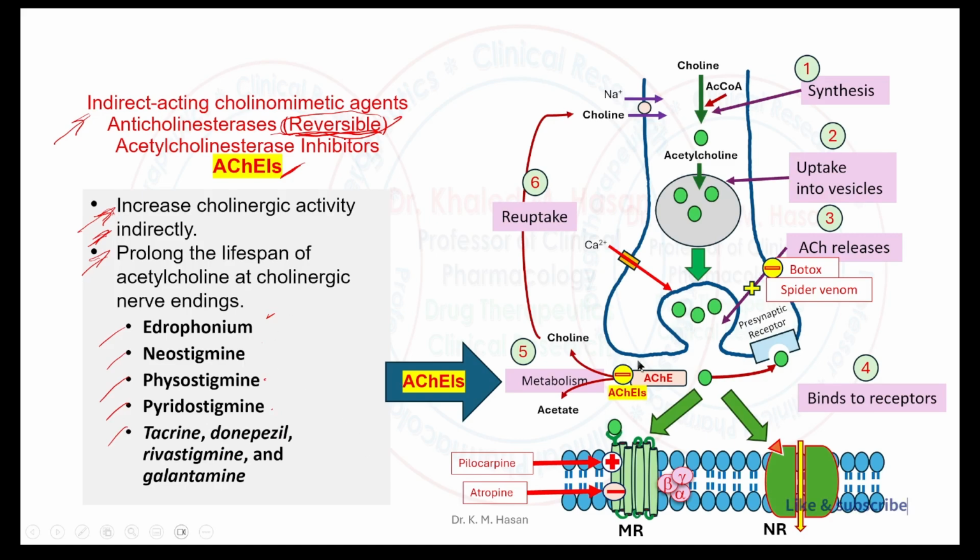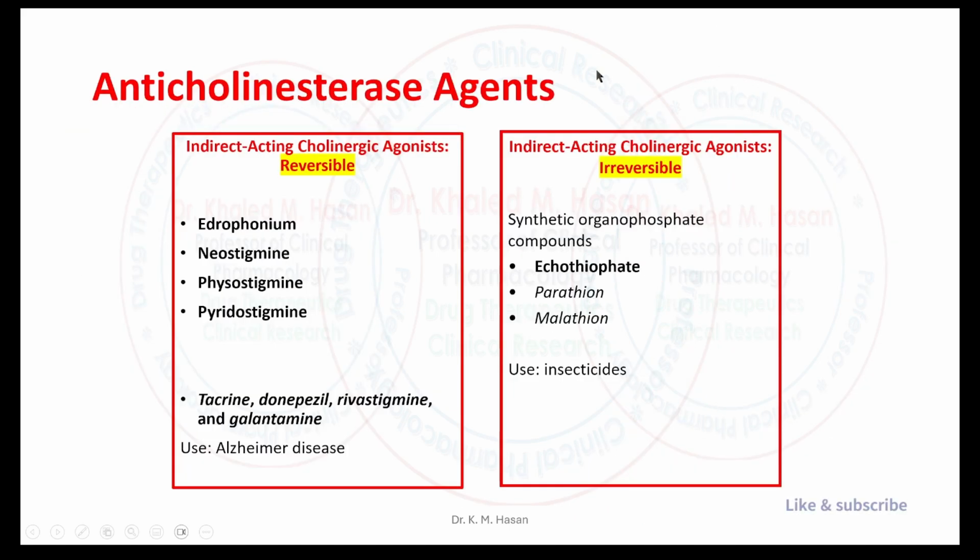As you can see here, when you inhibit this enzyme, the result will be an increased level and increased activity of acetylcholine. Increased activity of acetylcholine means activation of nicotinic receptors and muscarinic receptors. In the list of reversible anticholinesterase, we have edrophonium, neostigmine, physostigmine, pyridostigmine, and then a group of medication used for Alzheimer disease.